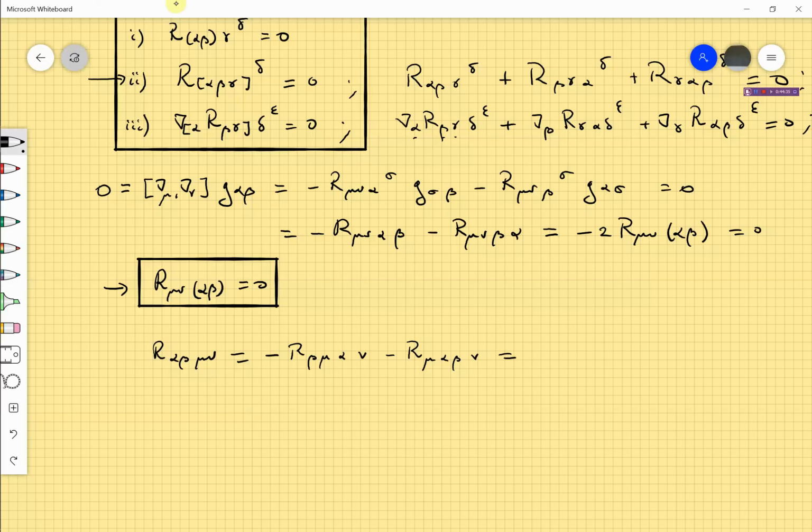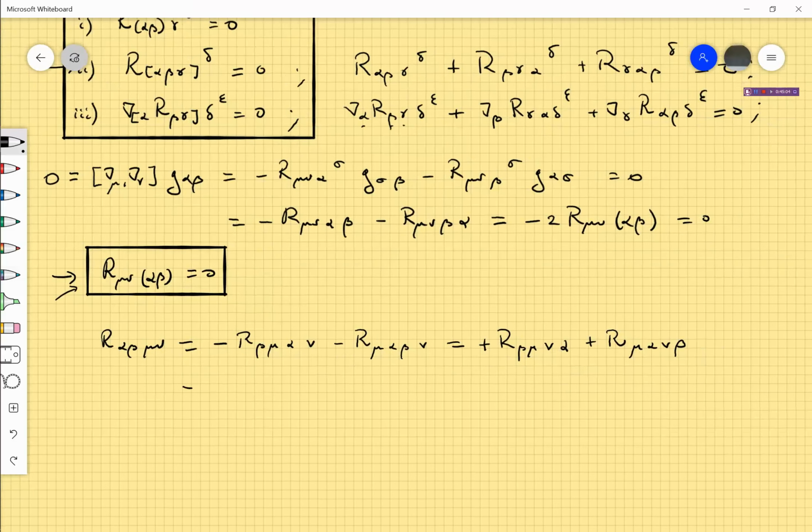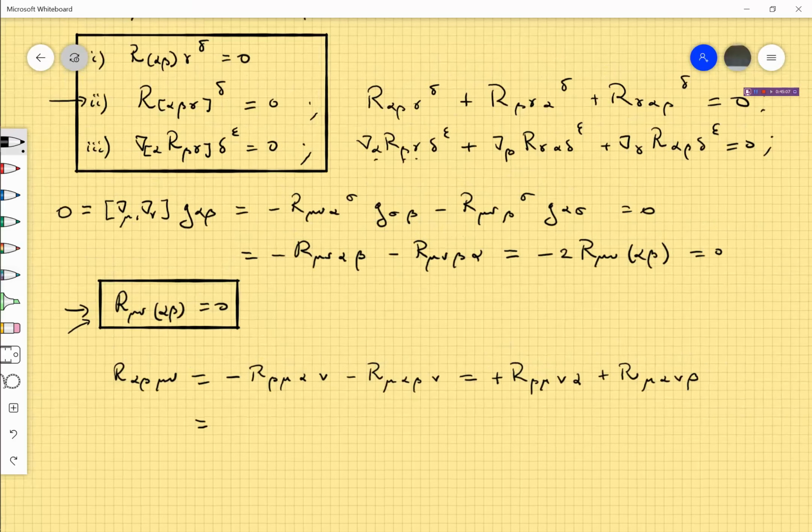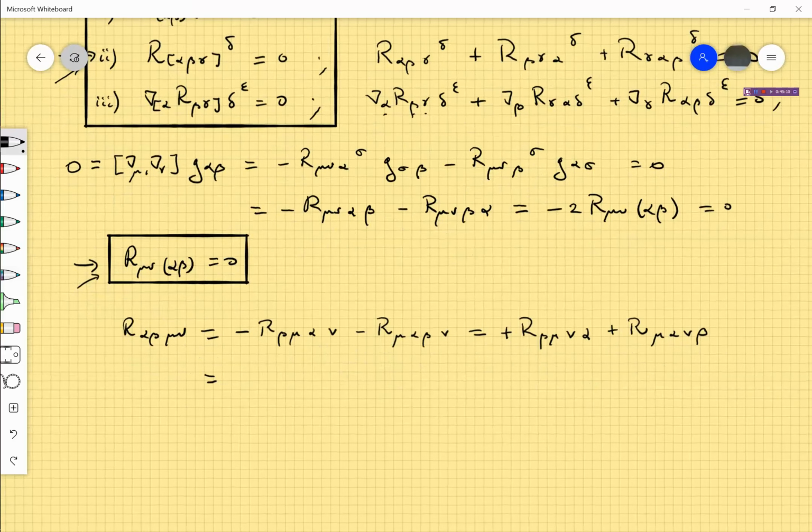Okay, now I apply this property here, the last one we have derived. Well, I have R beta mu, but then I interchange alpha and nu, so I get a plus. And I do the same with the last two indices here, beta and nu. It's plus R mu alpha nu beta. Okay, now I use this property again, with the first and the second Riemann tensor.